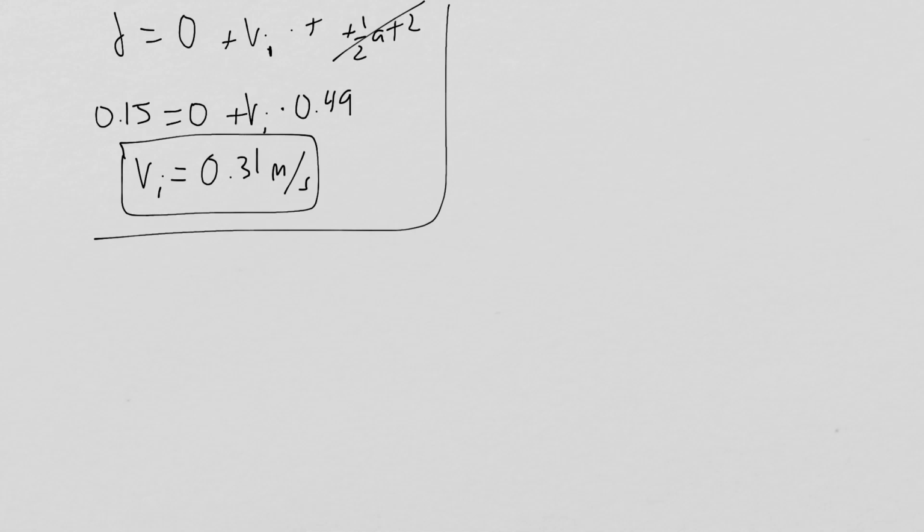So ball A's initial y momentum is actually 0. Yes, it has momentum. It does not have a y component of momentum there. So 0 for ball A. Ball C is at rest, so that definitely has 0 momentum.